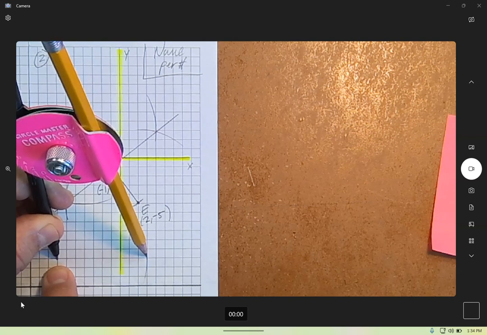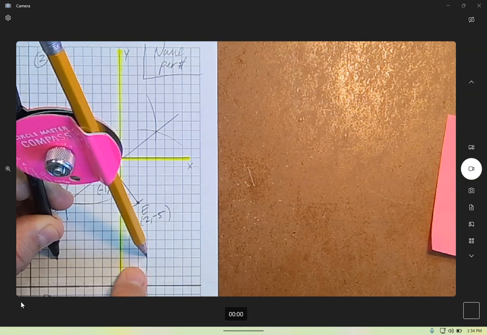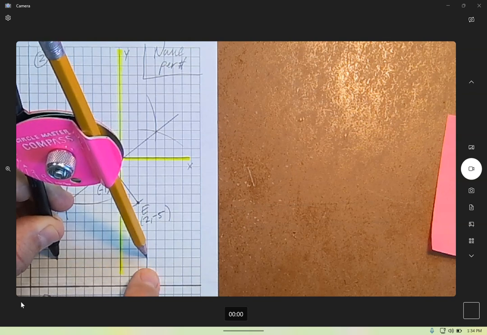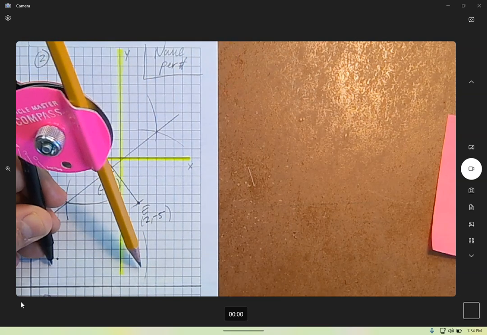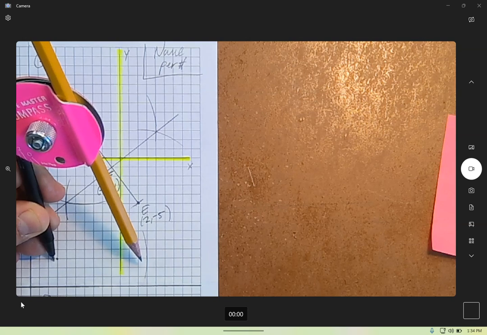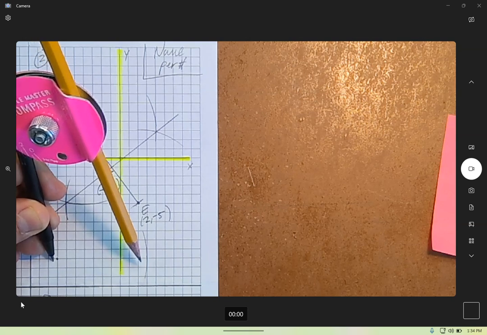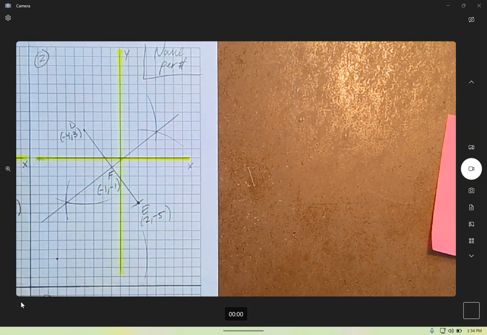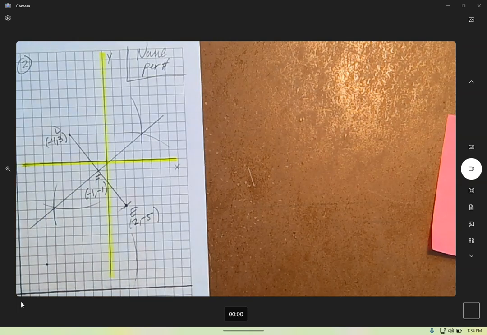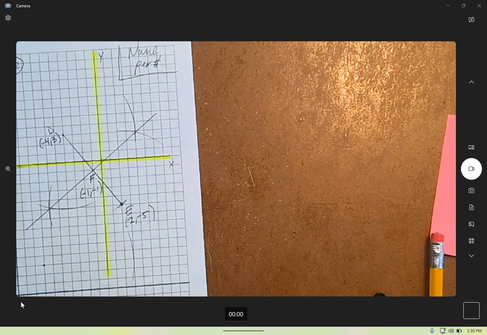And if you count, watch: 1, 2, 3, 4, 5, 6, 7, 8, 9, 10. Because things that are equal to the same thing are equal to each other. Oh, there's Euclid again. Look at that. Analytic and synthetic. You're doing both of them, and so now you can see how the distance formula comes into play.